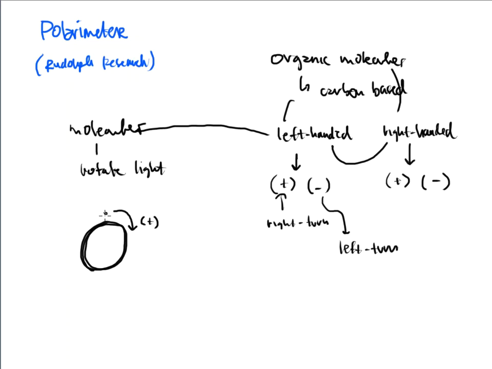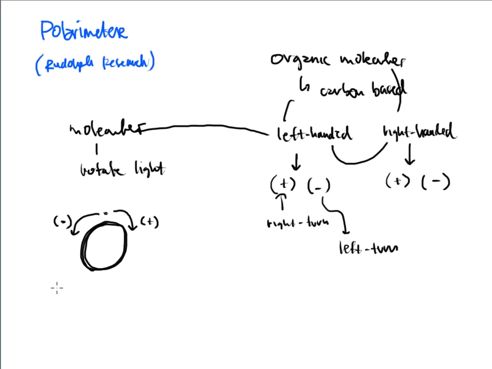Well, it can take that light and turn it left-handed. And if it does, we call that minus. So, a molecule can be left-handed or right-handed, just like your hands, just like your feet.